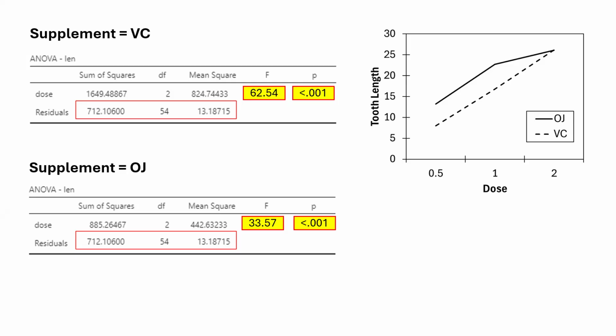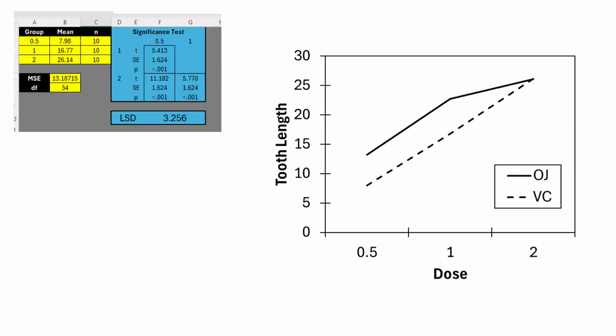So because we have 3 levels of dose now, we need to go another step further. We need to now do some post hoc tests. Because within each condition there are 3 levels, I would say you could probably just get away with doing Fisher's t-test. So we could go back to our multiple comparisons lecture and say, okay, we have this calculator for doing Fisher's t.